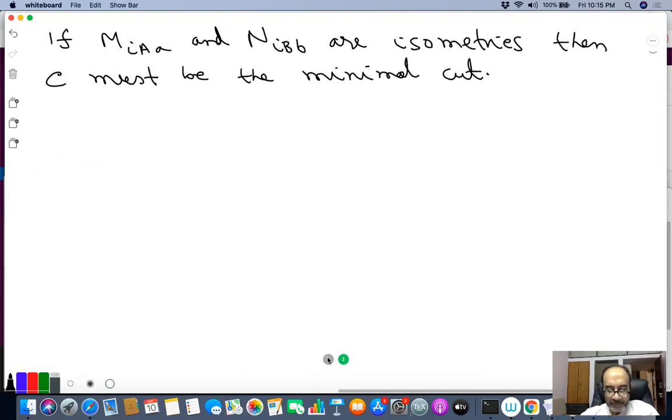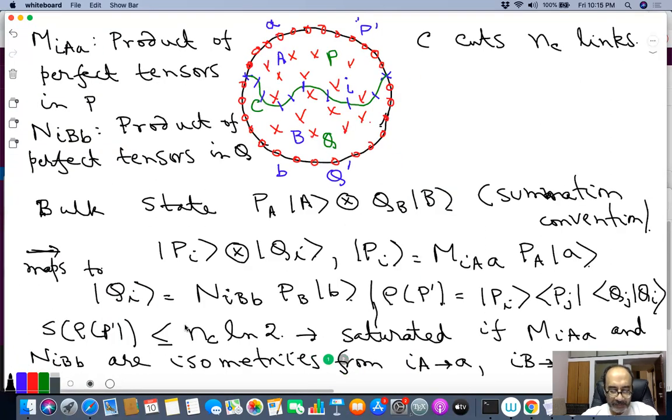Why? Because if M and N are isometries, then you have seen last time that this equality is saturated. But this is of course an inequality. So for any C, irrespective of whether M and N are isometries or not, S of rho has to be less than or equal to N_C log 2. So once you have found a C for which M and N are isometries, there cannot be another C for which N_C is lower, because that would be contradictory.